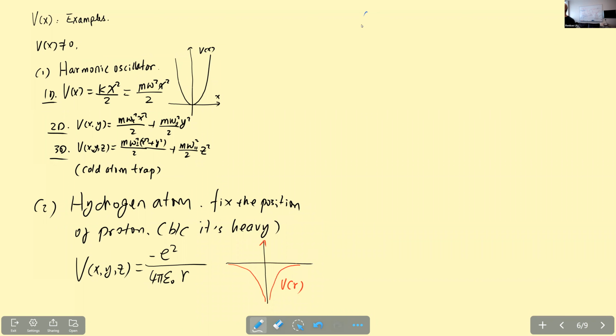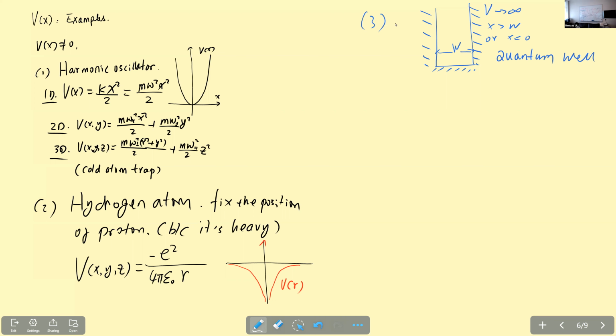We are also going to consider a lot of one-dimensional cases. For example, you can have the so-called quantum well. The width of this well is W, and this potential V goes to infinity for x greater than W or x less than 0.